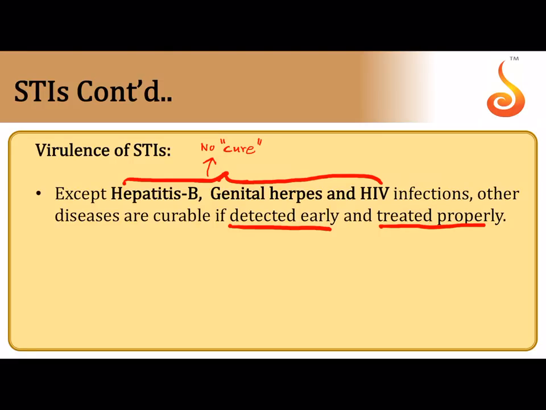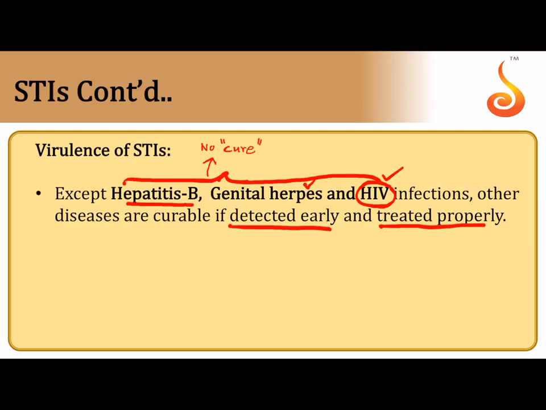Now, don't think that just because we say there is no cure, it is a death sentence for the person, isn't it? Our general tendency is to believe that if a person is HIV positive, the person is doomed, his life is over, he is not going to live anymore. But it has been identified that of course diseases like hepatitis B can become extremely severe and can be fatal, but there are people who have been surviving for a very long time with diseases such as genital herpes, and even HIV positive patients have been living very happily, fulfilling all their dreams.